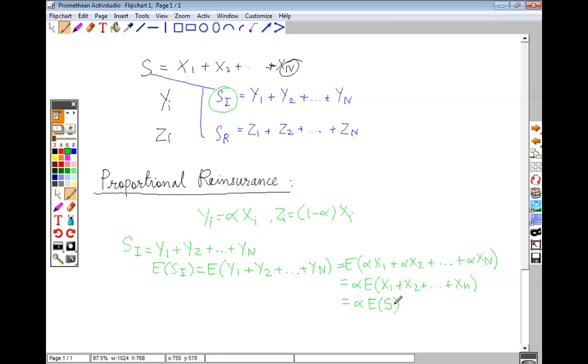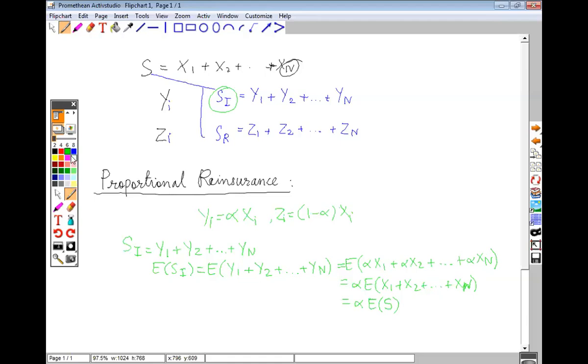And then I can use the fact that my expectation of S is nothing but expectation of N times, so this should be capital N. But again, I'm not going to do that here. It's really basic. So the next thing that we should try to do is variance. And it would still use the same thing.